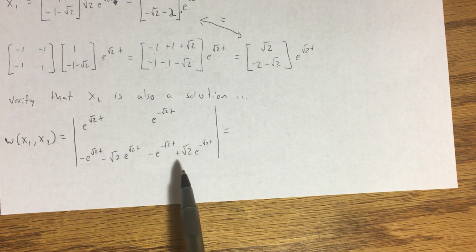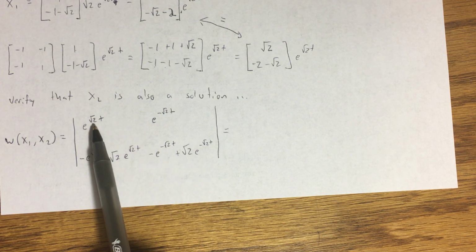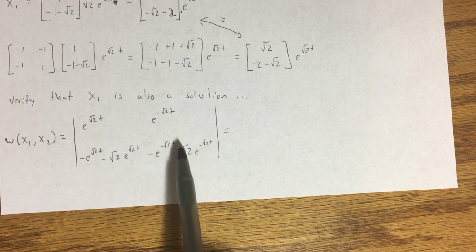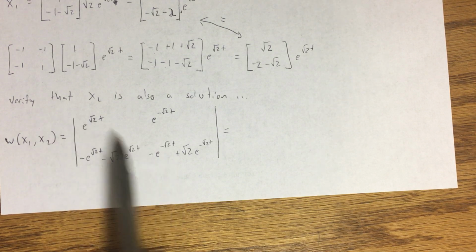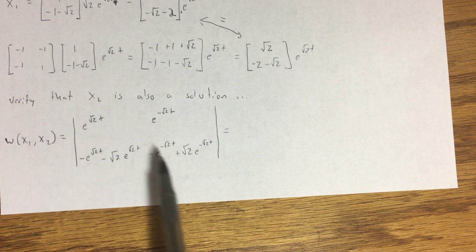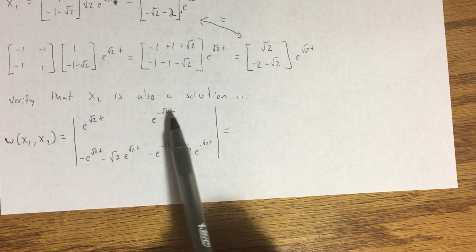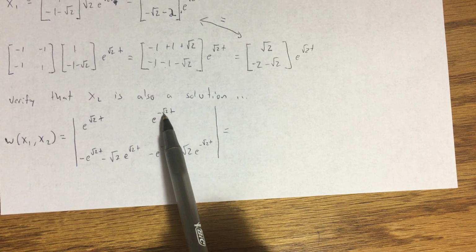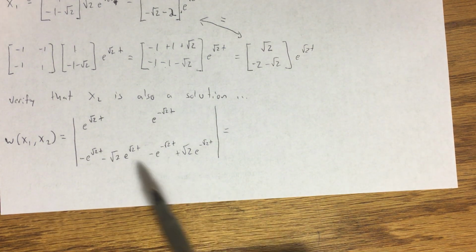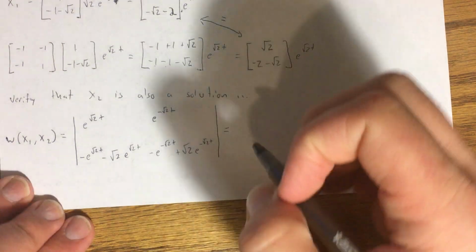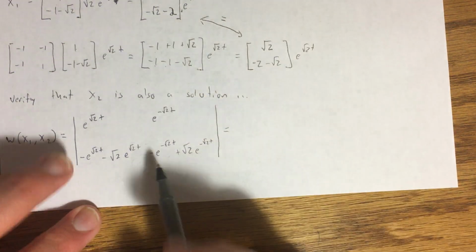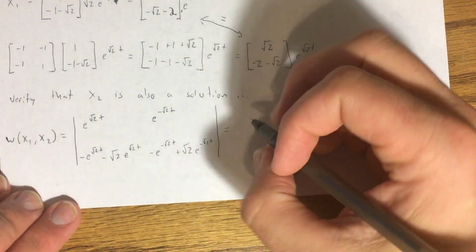It's happening in both cases. So when I multiply those, root 2t plus negative root 2t is 0. That gives me a 1 every time this exponential multiplies to this. Same thing's going to happen here. This exponential times each of these exponentials are going to produce 1s in those terms.